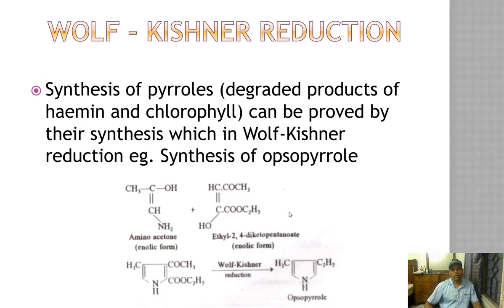So next, synthesis of pyrroles. Pyrroles are heterocyclic compounds. So we are talking about the natural product pyrrole. The degraded products of hemin, of hemoglobin and chlorophyll, okay, can be proved. Synthesis of those natural pyrroles can be proved by their synthesis, in which Wolff-Kishner reduction is used.